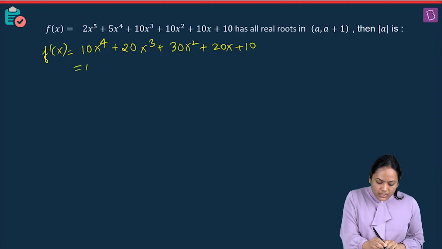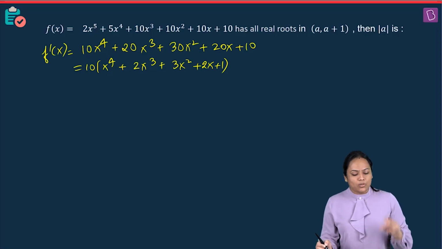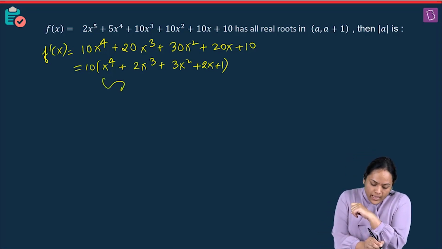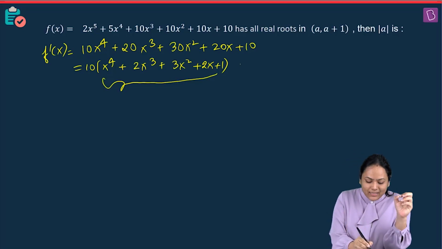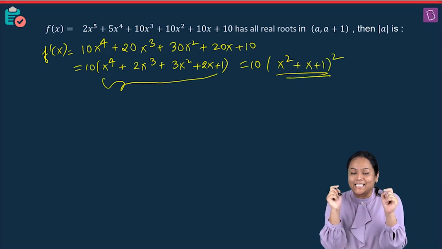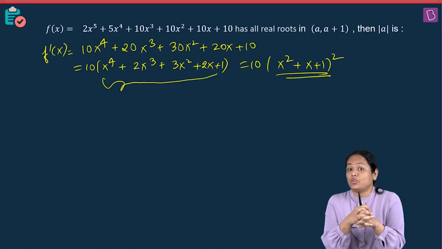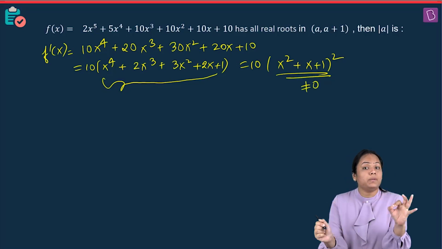Taking 10 common, it's going to give me x raised to 4 plus 2x cube plus 3x square plus 2x plus 1. Right? What is this term? Well, this entire 4-degree expression is nothing but square of x square plus x plus 1. Yes, it is actually a perfect square. And you can clearly see that this term cannot be 0.